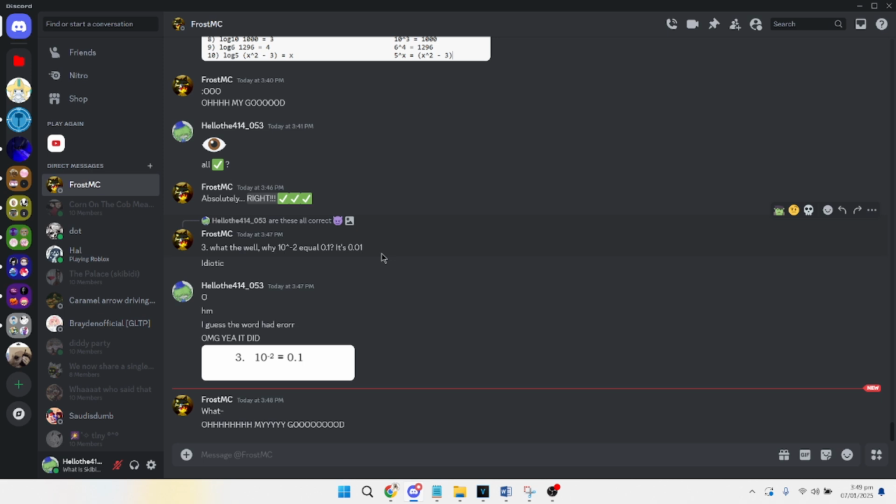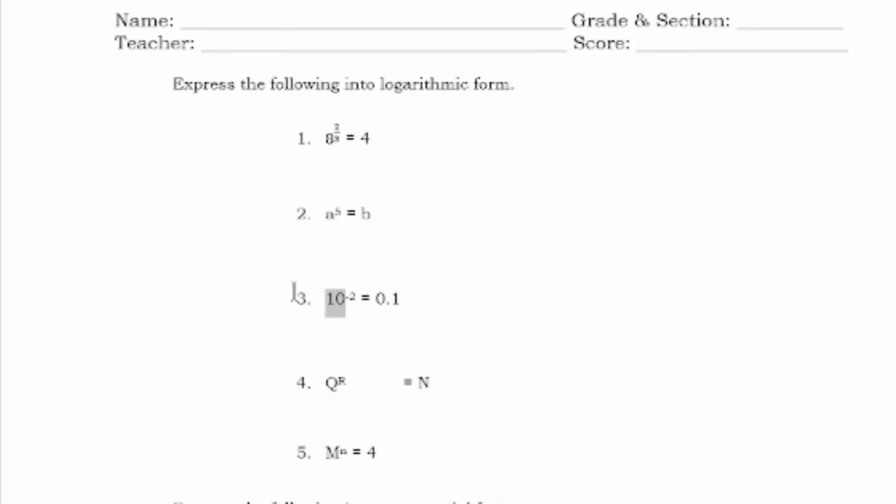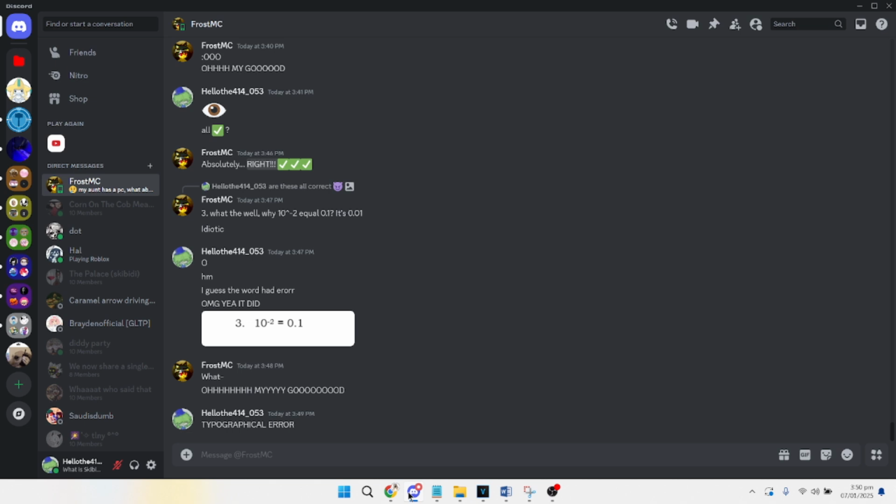So I got everything right, but technically not because of this one. But I still technically got it right since it was written that way in the Word file. So the correct answer for 10 raised to negative 2 is 0.01 and not 0.1.